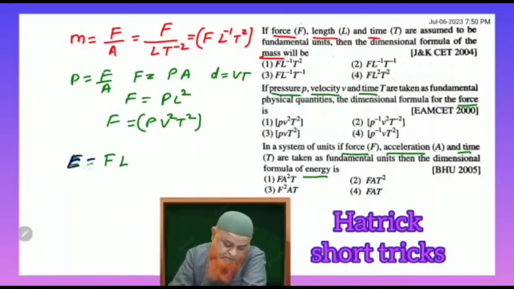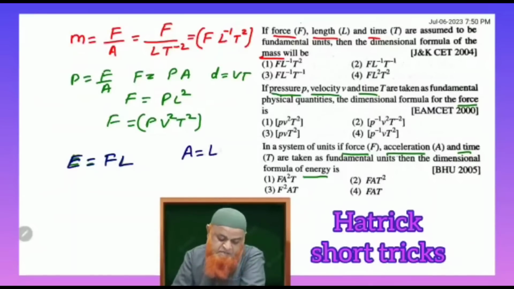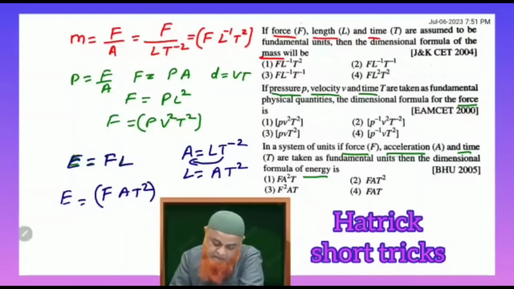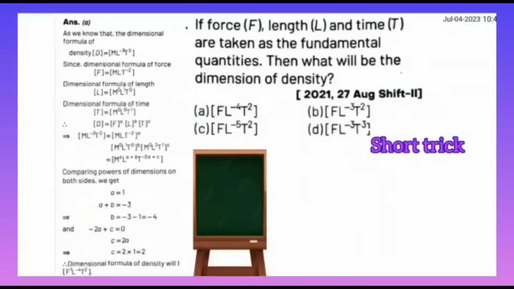So we can take here energy is equal to force into displacement, and you know acceleration is nothing but LT power minus 2. So L means you can write a t square if you transfer this t here. So therefore energy is nothing but force F. Instead of L you can write a t square. Your formula is ready. Hope you have enjoyed these type of amazing methods to solve the problems.